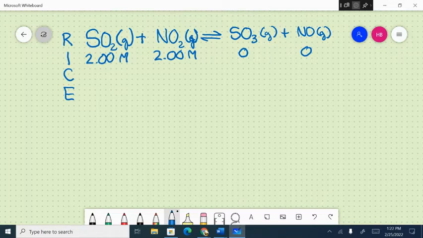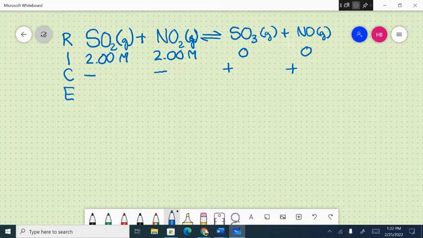So obviously you cannot have less than 0. So the negative sign in this case is going to go onto the reactants. This might be different for each set of circumstances. You have to kind of analyze it. The one thing you know for sure is that you cannot have a negative concentration.